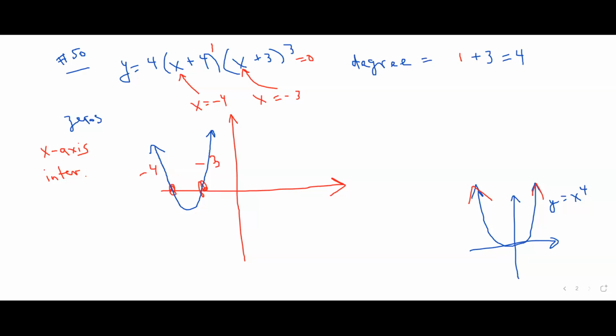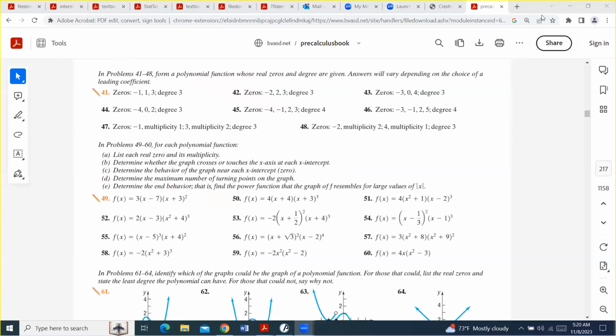I know that some people have access to various tools, so let's do some technology. x plus 4 and then x plus 3. So let's try to get this. I'll share my screen again. And x plus 4 and x plus 3. So let me get this.